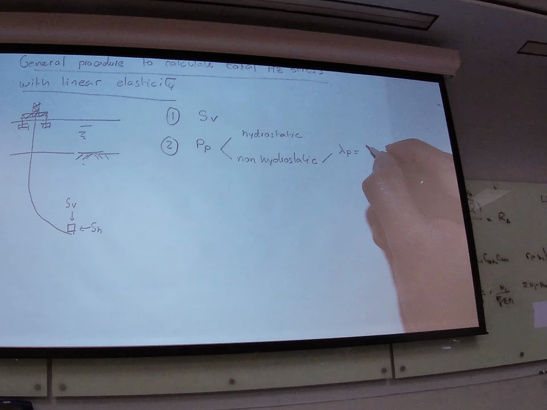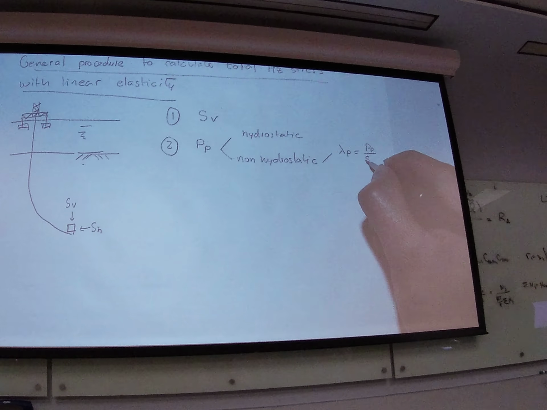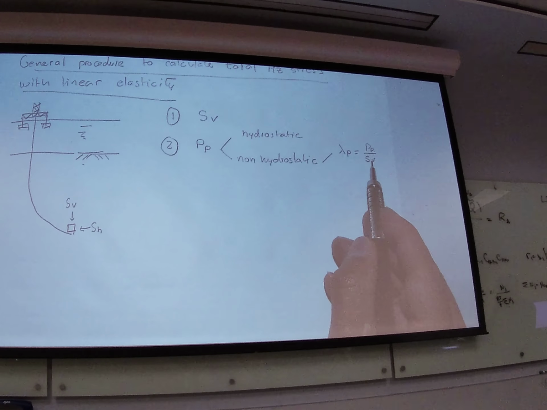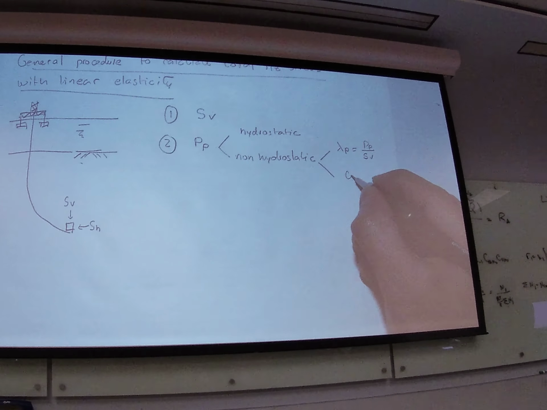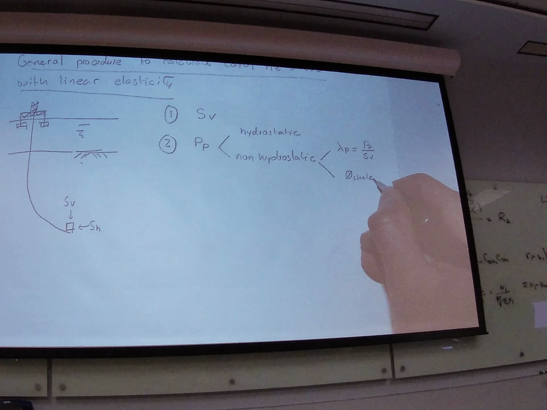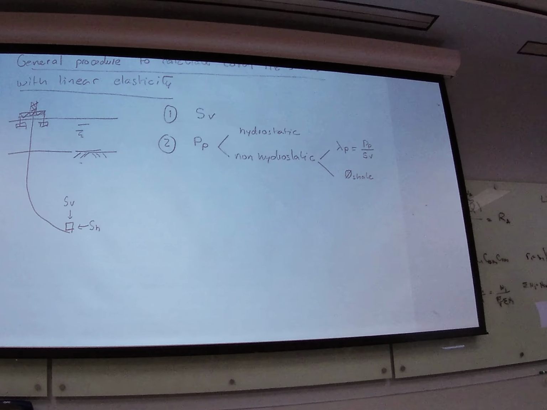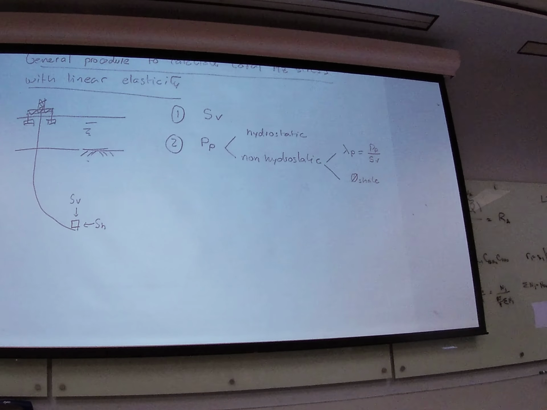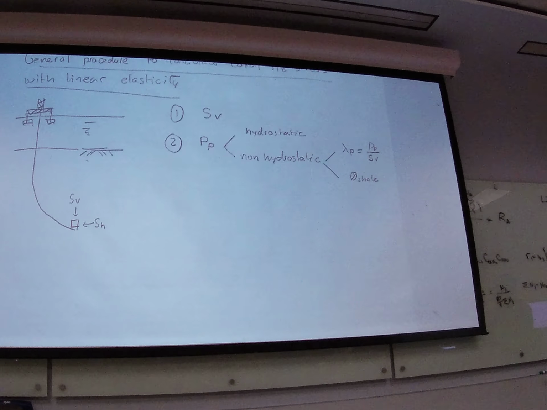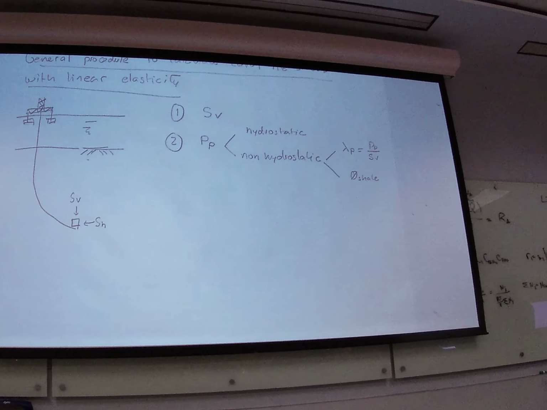Well, remember lambda p is pp divided by sv. So you know lambda p, you know sv, you know pp. In other cases, I could give you the porosity of the shale, and you have to figure out pore pressure from the equations that we have already seen. So remember, if the porosity of the shale is more than would be expected at that location, then the pore pressure should be higher than hydrostatic.